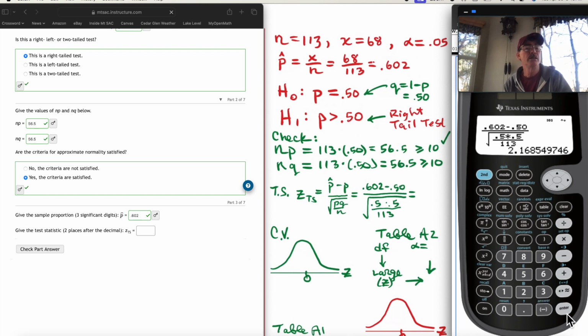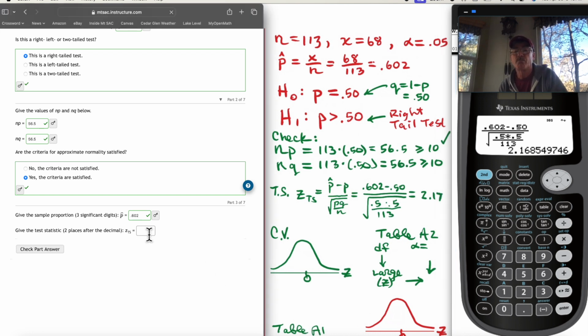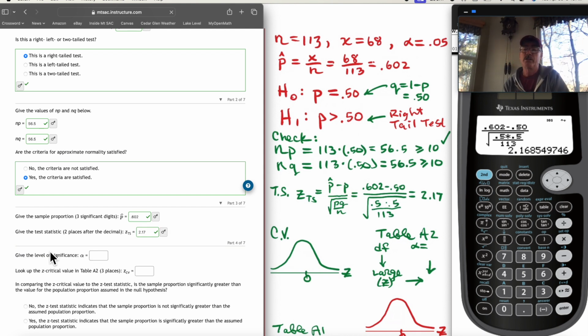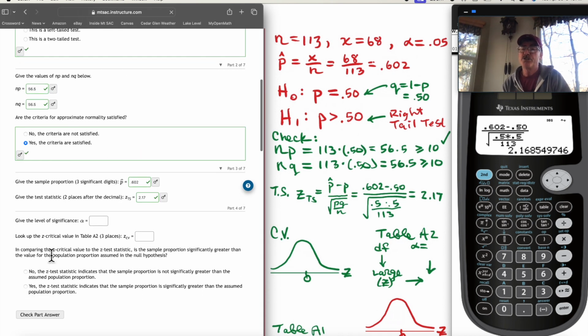So we're going to go with 2 places, 2.17 here. Let's just check that real quick. Okay, looks great.